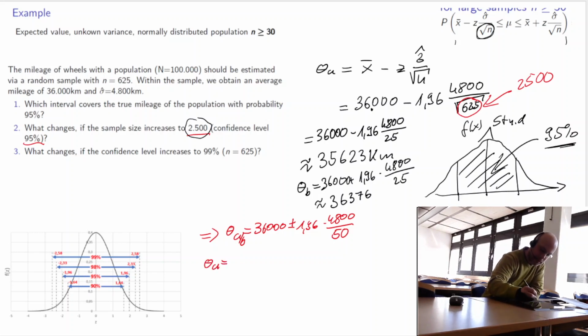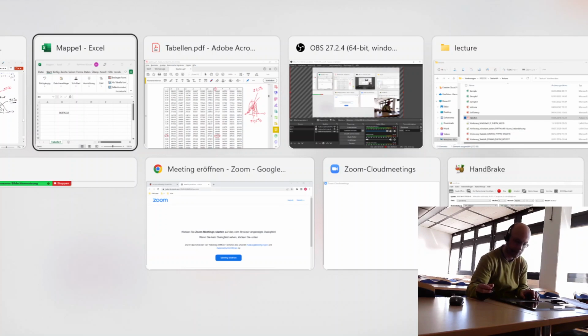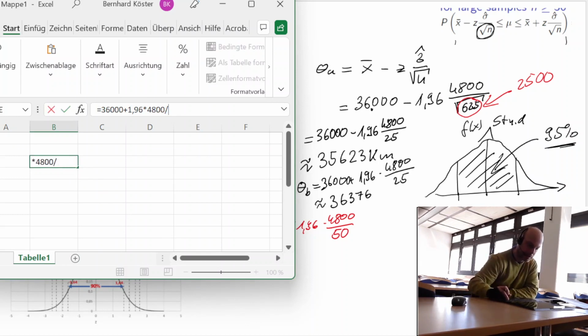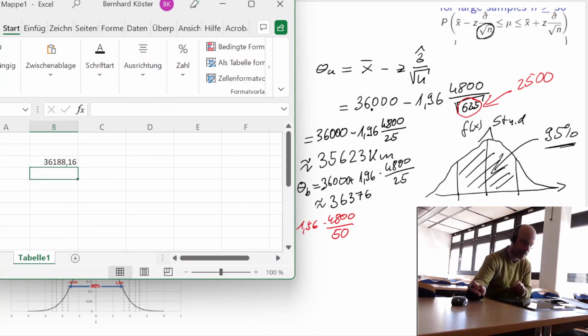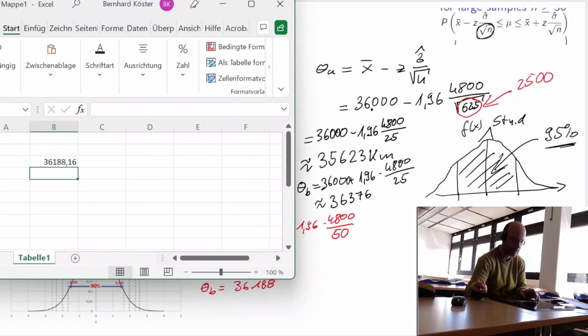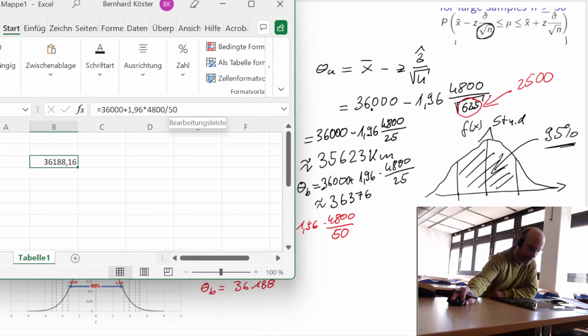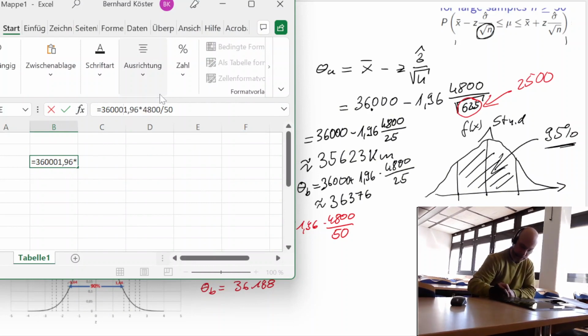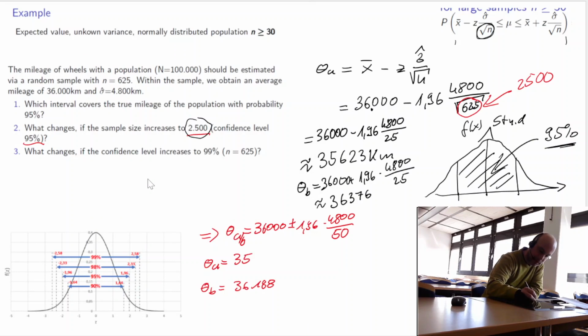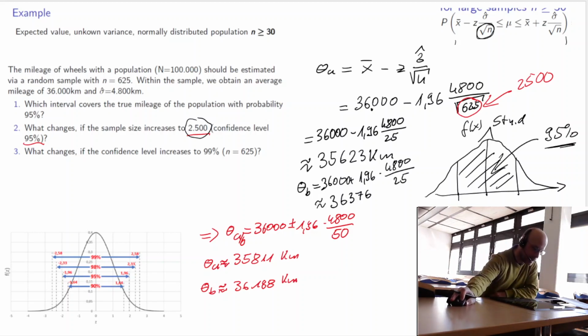And then we obtain theta B, 36,188, and the lower limit would be 35,811, approximately, of course. And the last question.